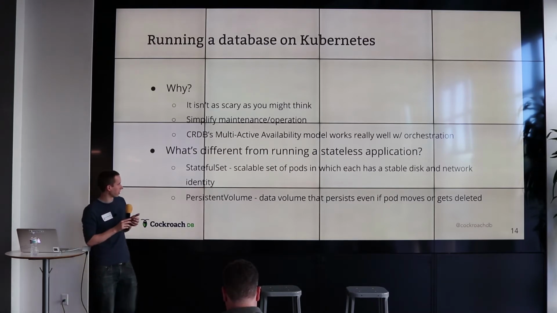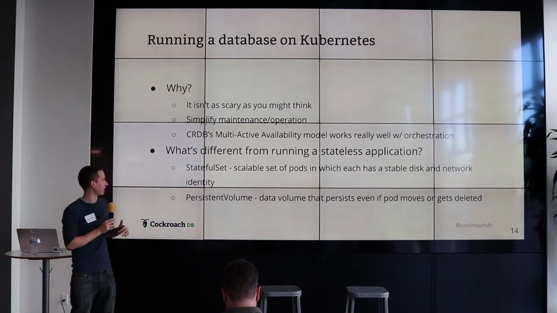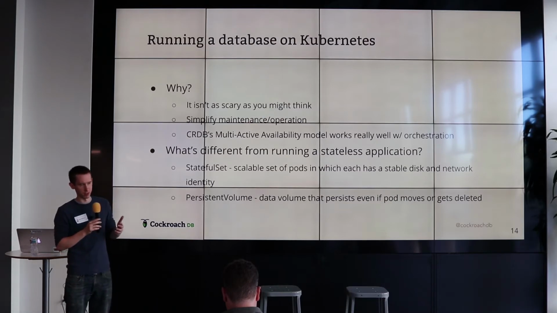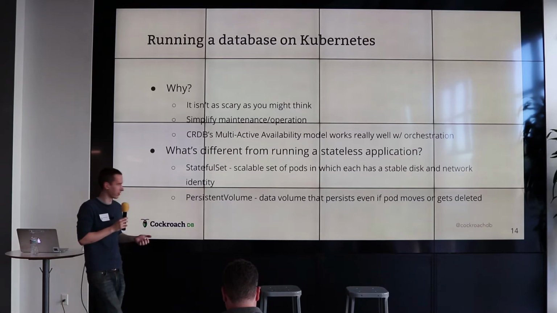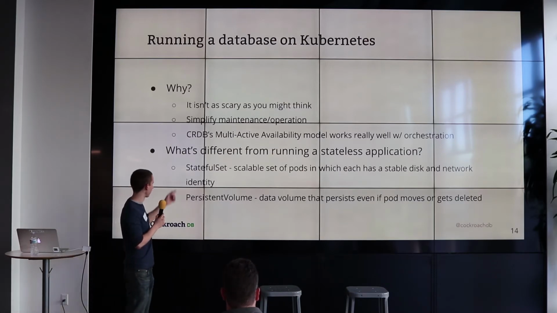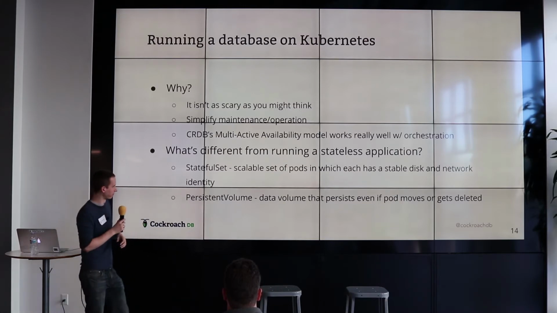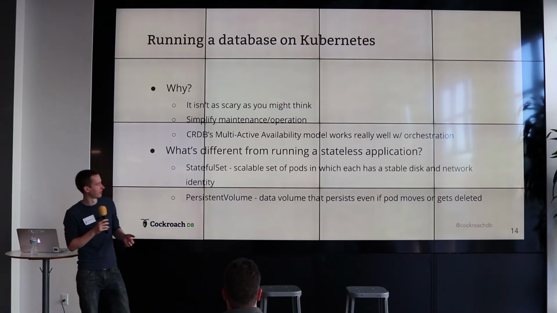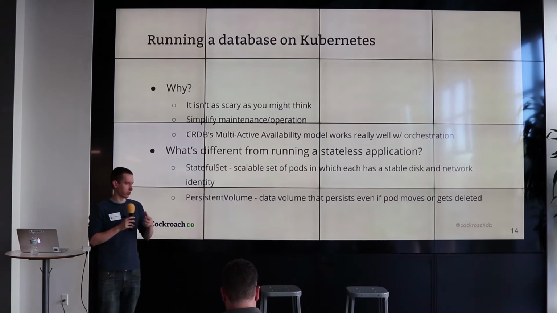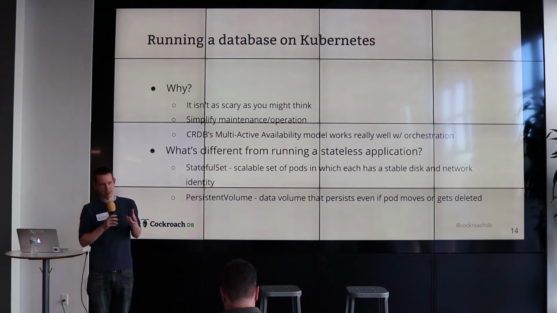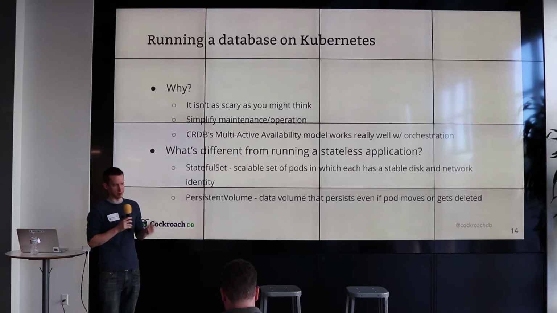If you're running a stateful application in Kubernetes compared to a normal one, like a web service, you'll probably create your pods via a deployment or a replication controller. We're going to use what's called a stateful set, which is a new controller in Kubernetes as of a couple versions ago, previously called a pet set, that treats pods as individual entities that have a stable identity and a stable disk.